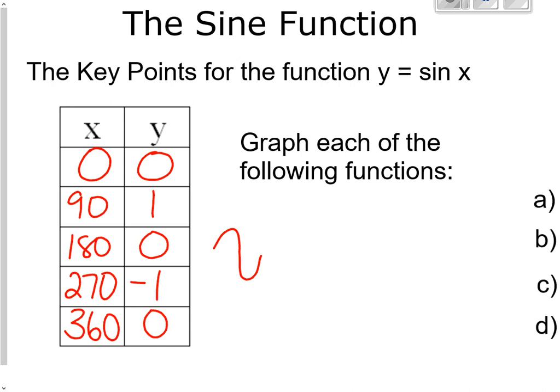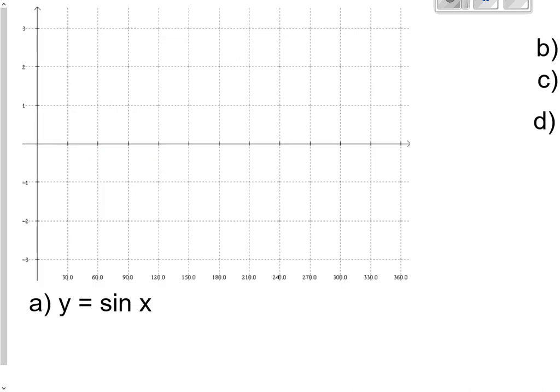So now that we're starting to look at multiple transformations, our amplitude, our axis of symmetry, now we're throwing in a phase shift. We're going to start using our table in order to help us figure out what the graph looks like. And knowing your base graph will certainly help you. So let me actually go to the next slide. So I have a grid here.